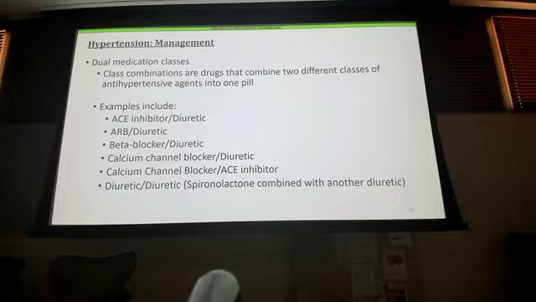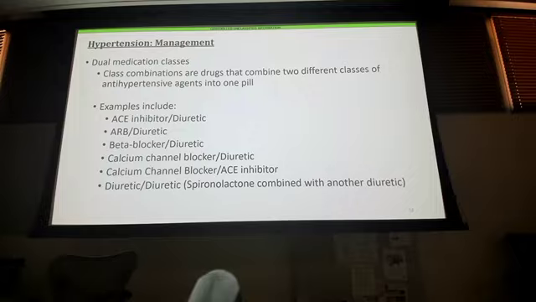So if I have to give this patient 2 pills a day, but they have to take them at different times of the day, how compliant are they likely to be? Probably not, right? But if I give them one pill that has both of those medications in it, and they only have to take it once a day, that compliance will go way up. They're going to be able to easily remember to take their one pill in the morning when they wake up, or take it before they go to bed, kind of thing, right?